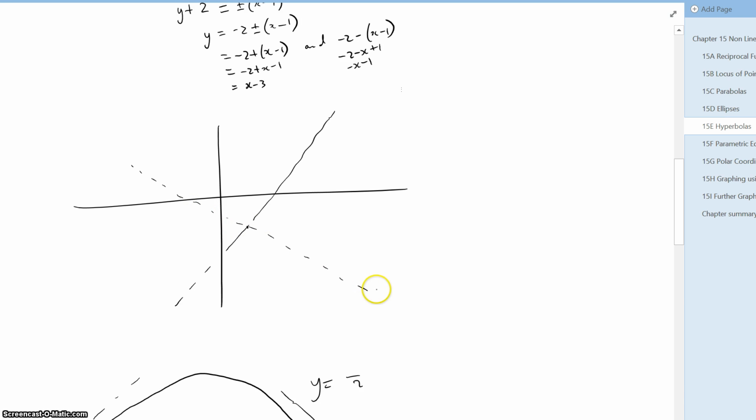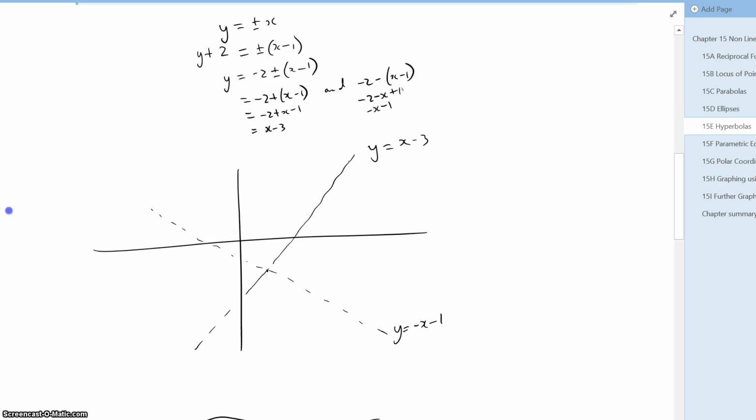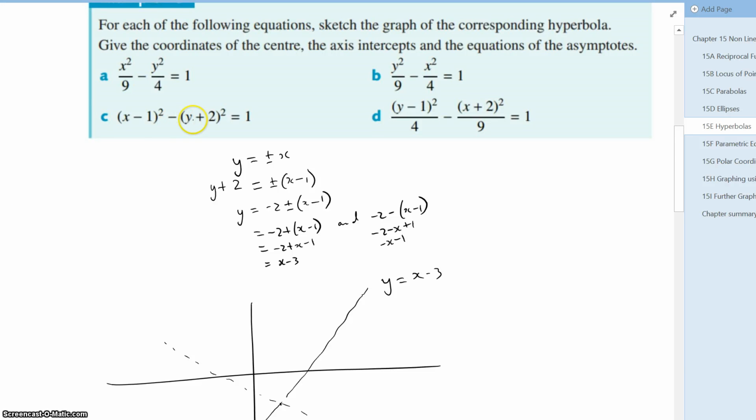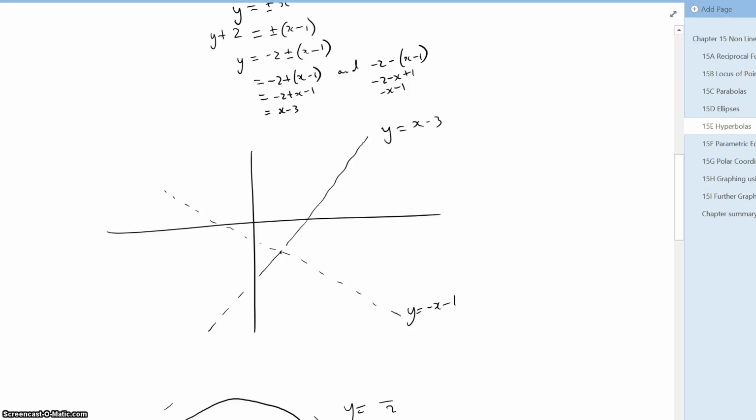I should label them every time: -x minus 1, and this one is x minus 3. Now the hyperbola will go through these ones. It looks like the y values are negative in this case, so it's going to look a little bit more like that, and something like that.